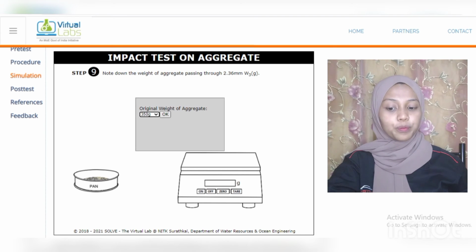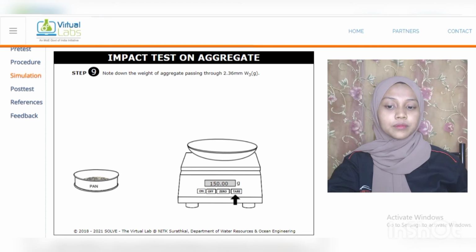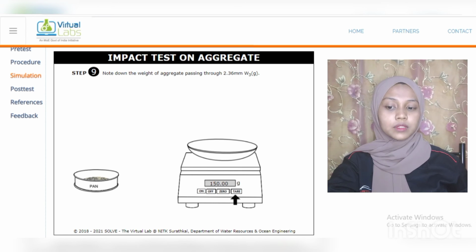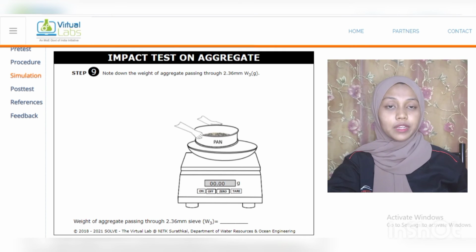We must press on and then press tare to be 0. Put on the pan. Weight of aggregate passing through 2.36 mm is 75 gram.